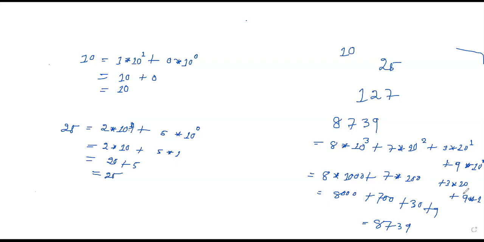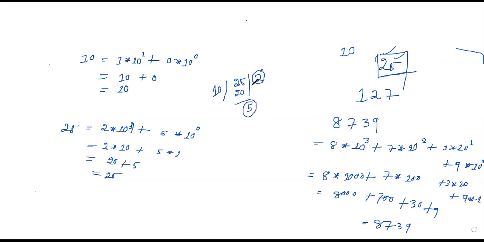So all these are represented by means of 10. If I want to find the positions, suppose it is a 2-digit number, so I want to find the unit position and 10th position. How can I find? 25 divided by 10, then the quotient will be 2 and the remainder will be 5.